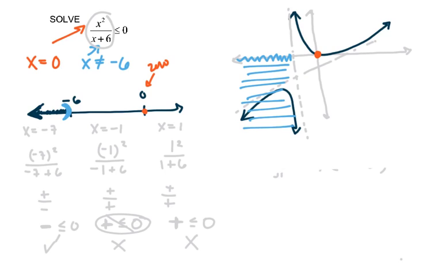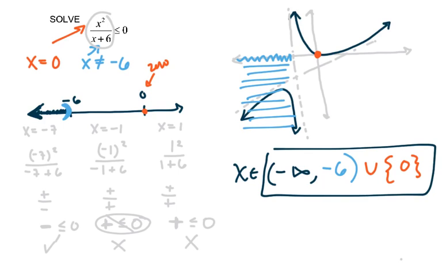So in this situation, when we write our solution set, we say that x is in the set from negative infinity to negative 6. We can't touch negative 6. Union, and this is a special way that we write this, but we're just going to say we're only touching at x equals 0. So there's my answer there, this piece in the box. And I hope that helps.